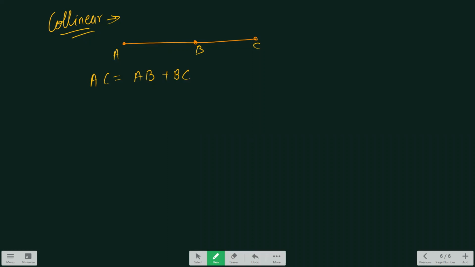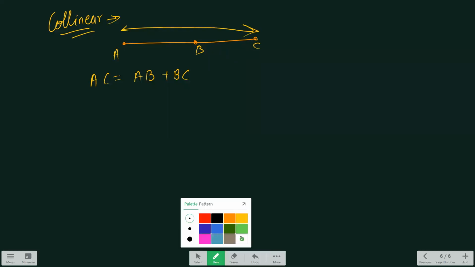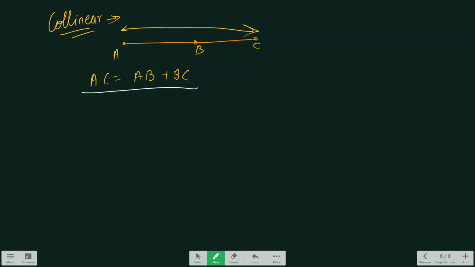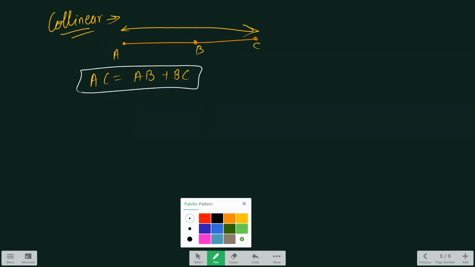Okay, so it is clearly visible that the distance from A to C is equals to the distance AB plus the distance of BC. Okay, so if 3 points follow this rule, then they are collinear, otherwise they are not.